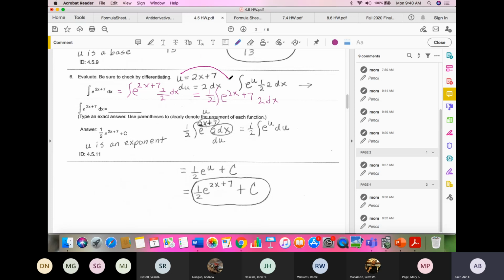Our u is this up here, our exponent, 2x plus 7. Our 2dx right here, this 2dx is equal to du.